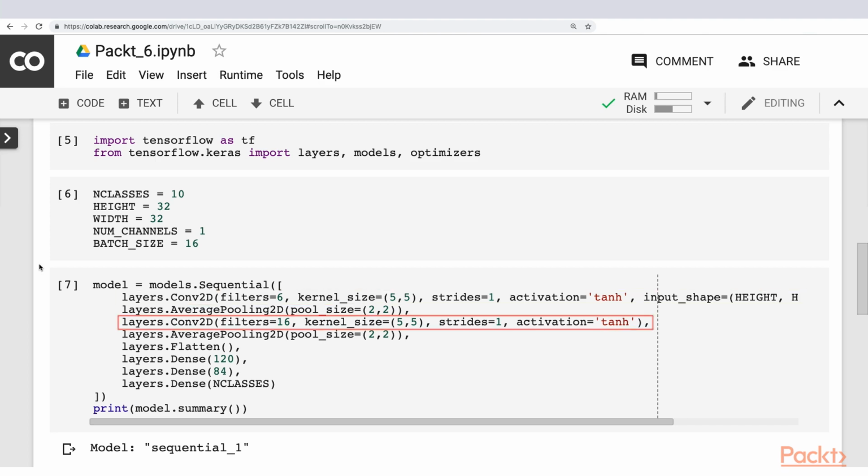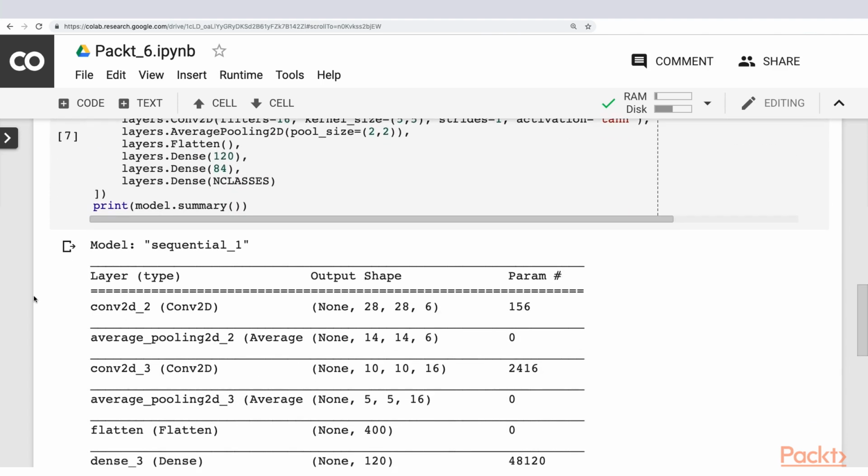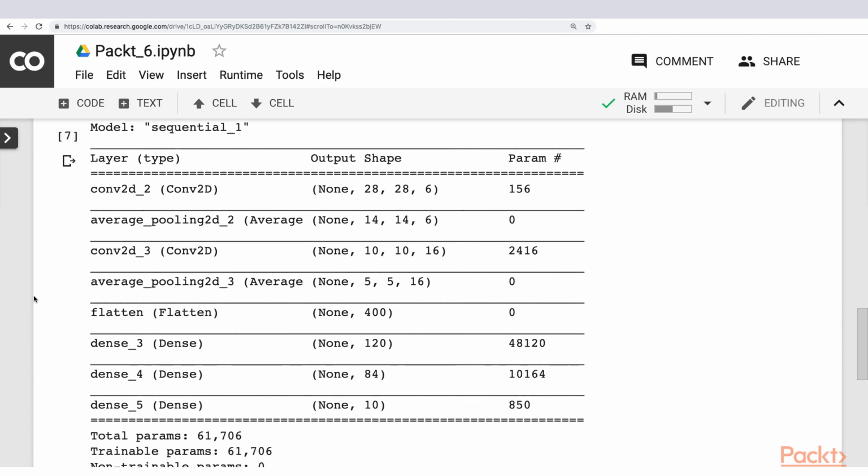The second, 16. Both use a 5x5 kernel and a stride of 1. Each convolution layer is followed by an average pooling layer. There are 2 hidden dense layers, and a final dense layer with 10 neurons, one for each of the classes. By looking at the architecture, you could see the details of the trainable parameters.